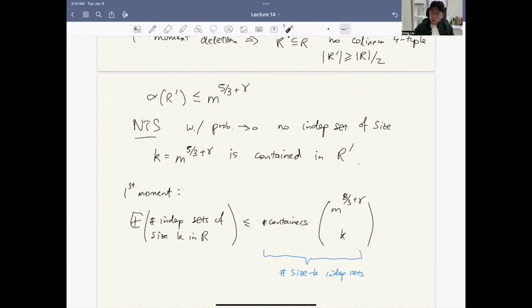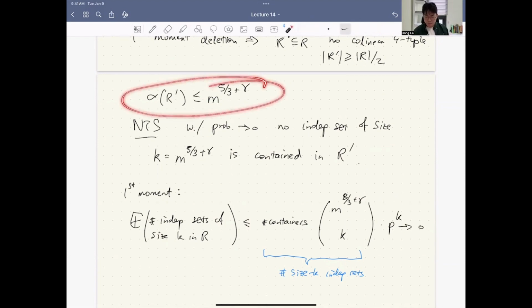And for this to survive in R prime, you need to multiply by p to the k. This can be shown to tend to 0. That means, using Markov or whatever, there's no independent set of that size in R prime, which is exactly what we want. Any question?